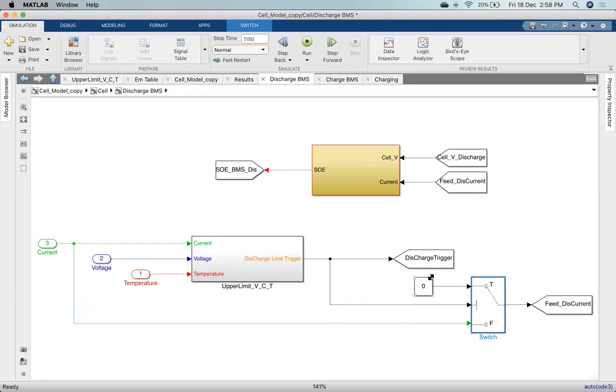Okay, but instead of that, we can develop some logic. Okay, so to what extent we can reduce the current. Okay, so those things also we can develop and we can implement, but for simple thing, I just kept it as 0. And whenever it is coming 0, which means we are in the safe zone, so the same amount of current has to be given as input to the cell model. So if you look at over here, the same amount of current will send as output over here, and this feed discharge current will be sent to the cell model.